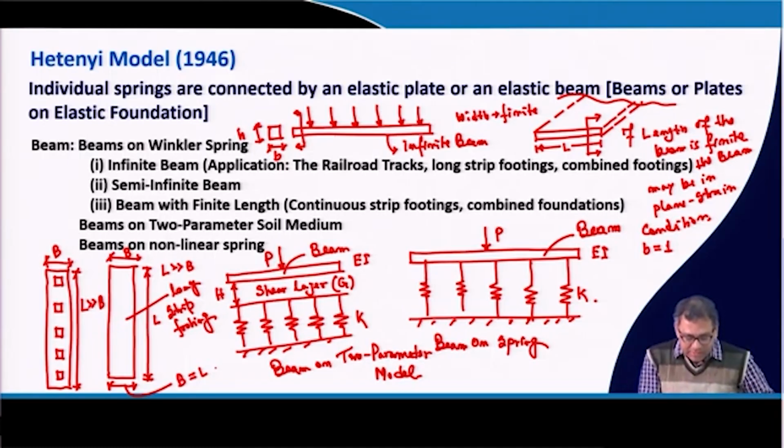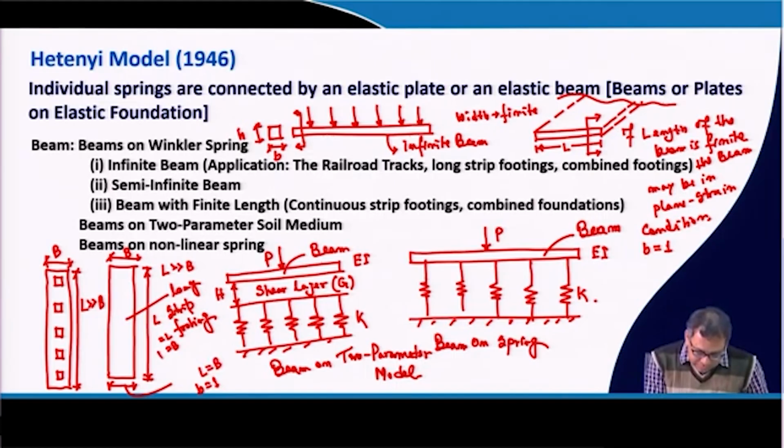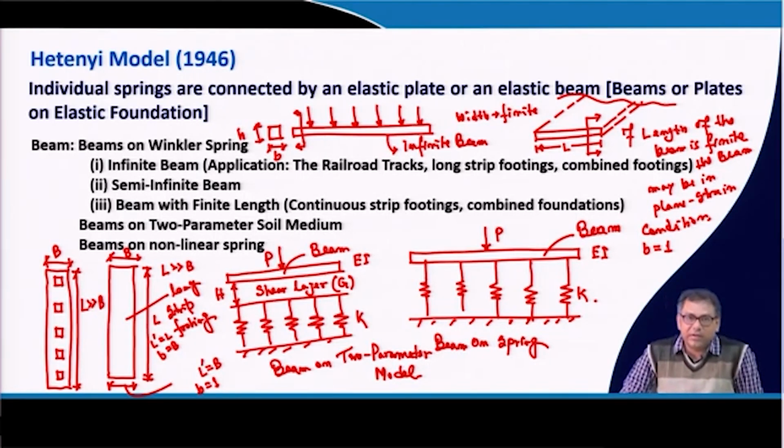So, here the length of the beam will be equal to B and the width of the beam is equal to 1, and in the first case the width of the beam will be equal to B, the width of the foundation, and the length of the beam will be equal to the length of the foundation.